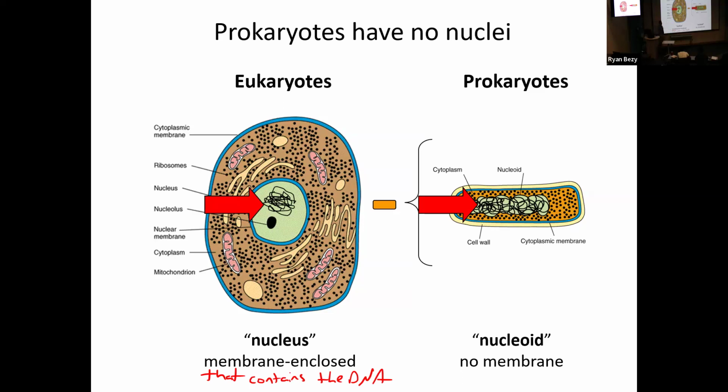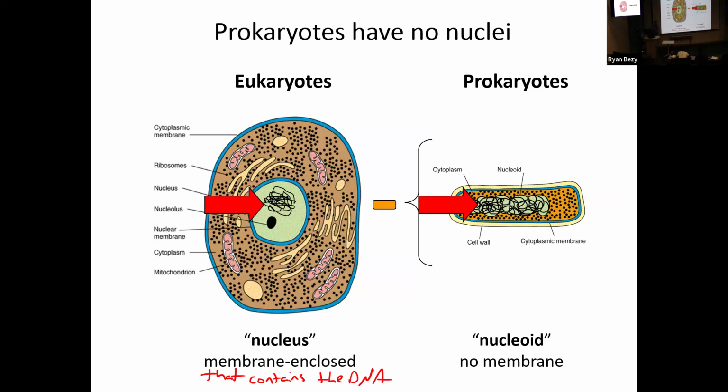RNA. So all of that's going to take place inside of the nucleus of eukaryotes. But again, prokaryotes don't have organelles and they don't have a nucleus. So the nucleus is a membrane enclosed compartment that contains the DNA of eukaryotic cells. Prokaryotes don't have a nucleus.